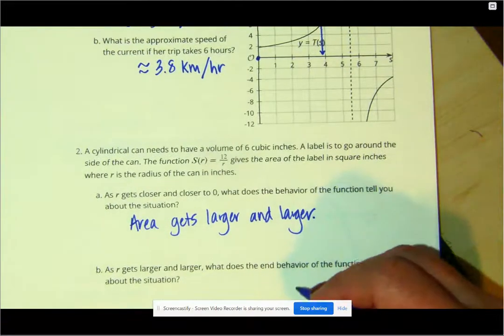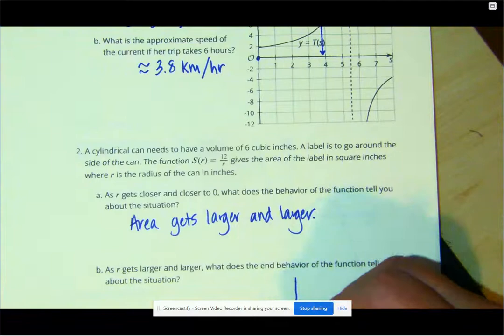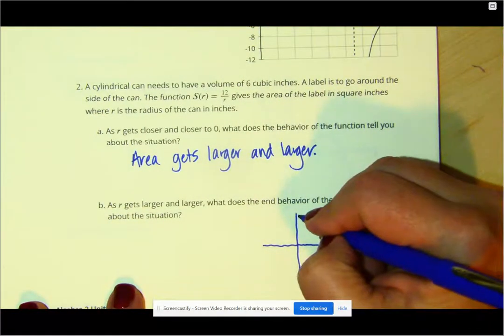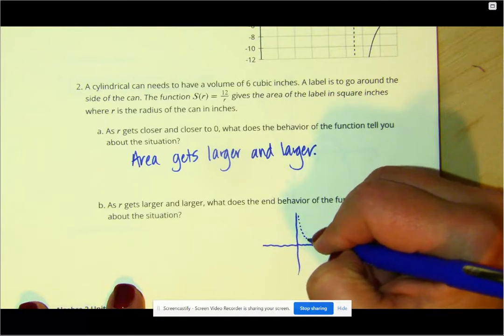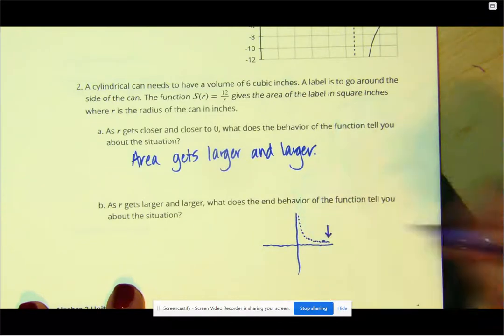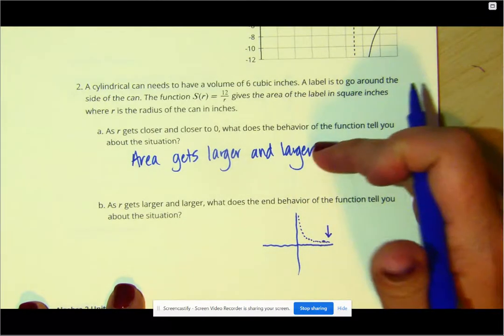If you can imagine a picture of it, and you could go to Desmos and look at this as well. As R gets larger and larger, this answer down here is going to get closer and closer to 0. And then the reverse was true over here.